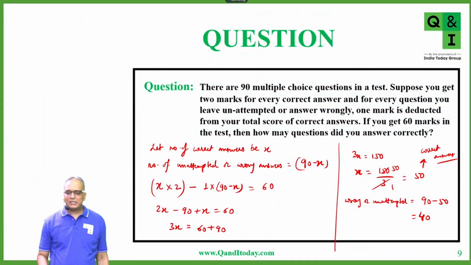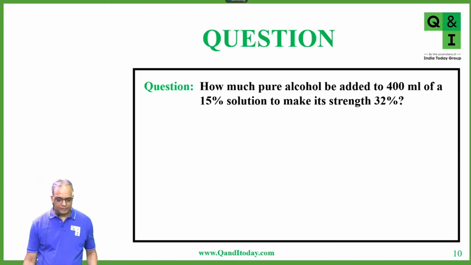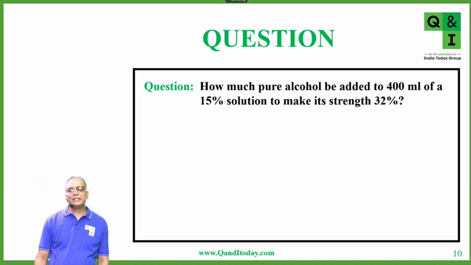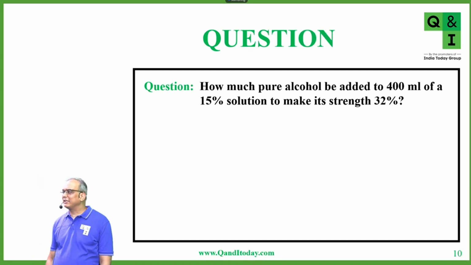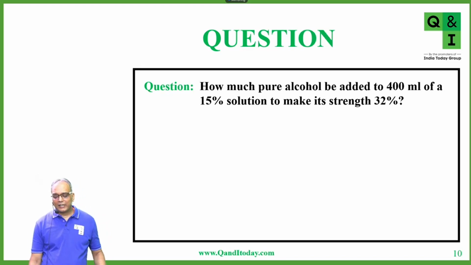Okay, students, let's continue with the next question now. This is a question based on concentration, so I'll explain the meaning of concentration first. The question is, how much pure alcohol must be added to 400 milliliter of a 15% solution to make its strength 32%?